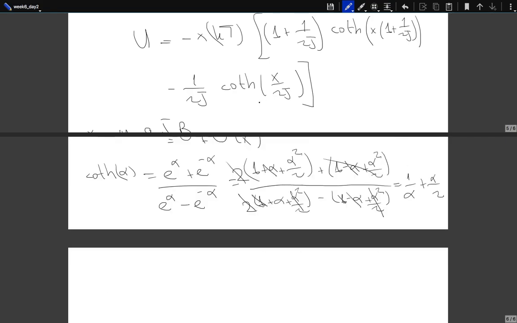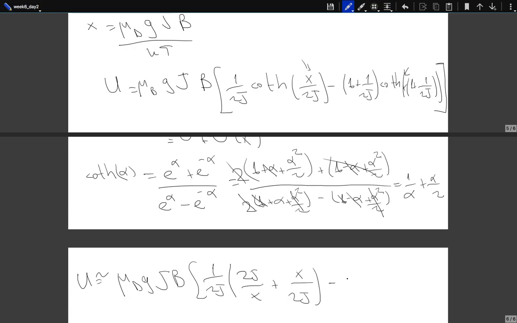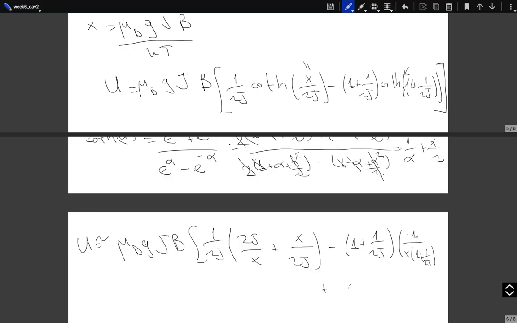So U in the large temperature limit is mu_B g_J B times 1 over 2j. Well, here we have 1 over alpha is 2j over x, plus x over 2j, minus 1 plus 1 over 2j, times 1 over x times 1 plus 1 over 2j, plus x times 1 plus 1 over 2j.